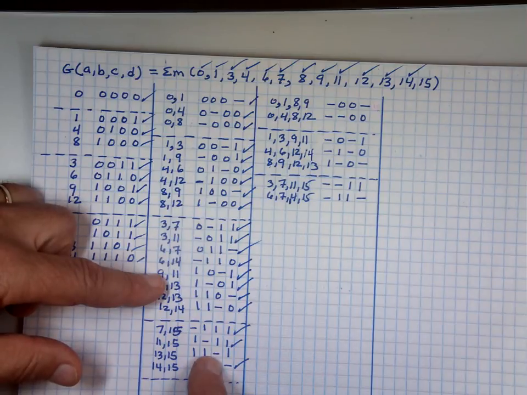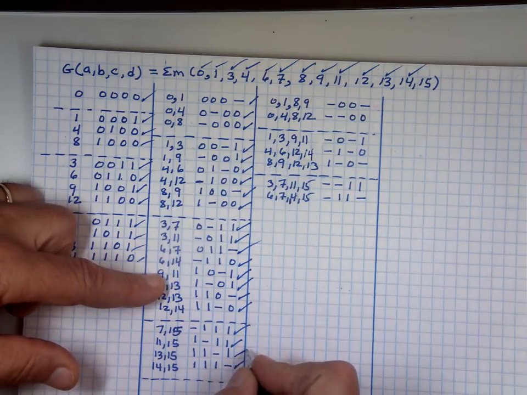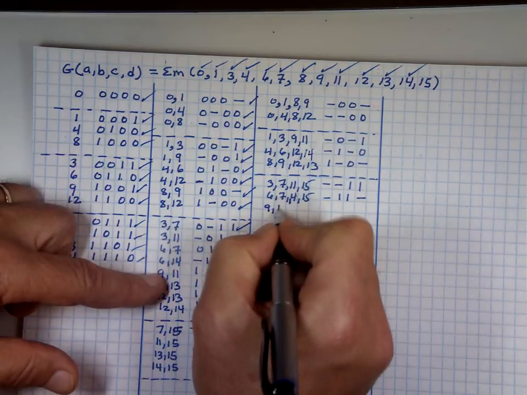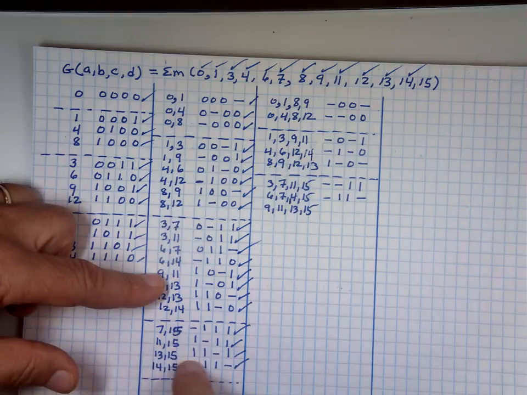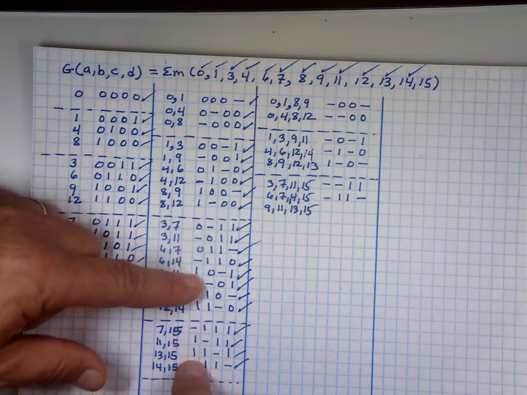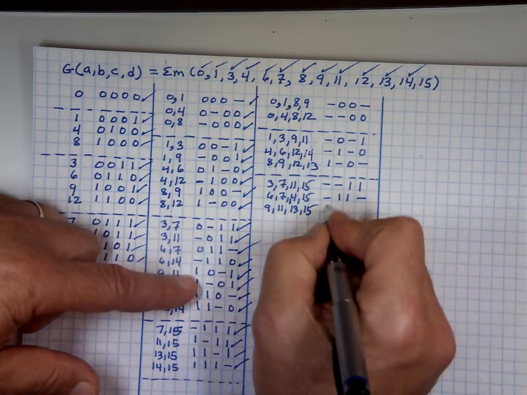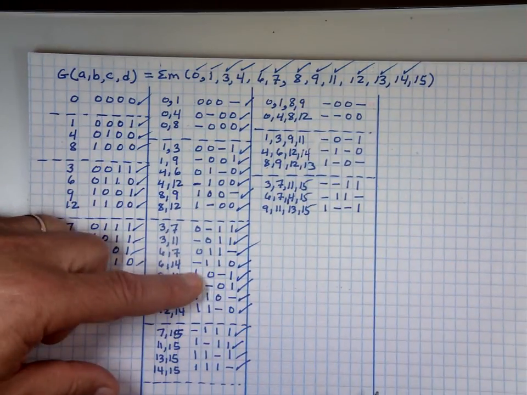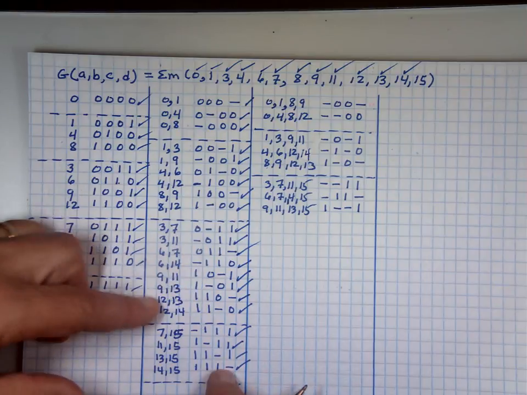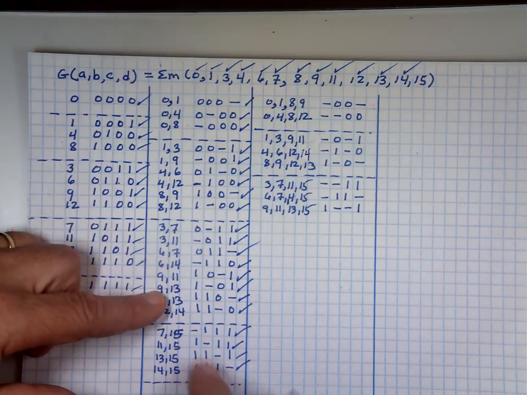It looks good, right? 1 dash dash 1. 9, 11, 13, 15. 9 and 13, 11, 15. We use that one.